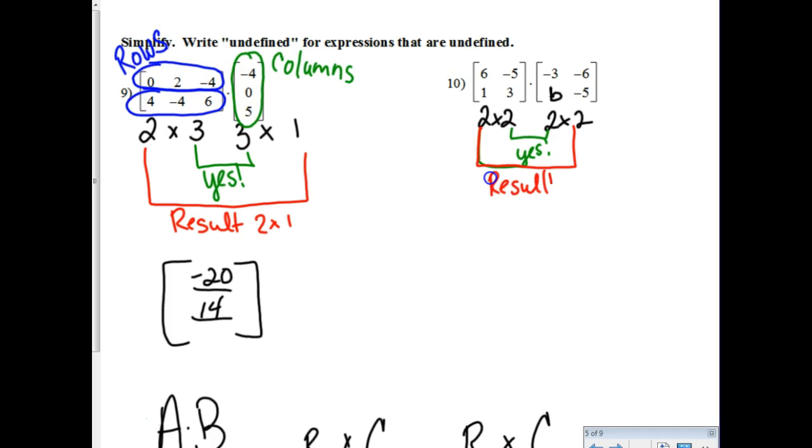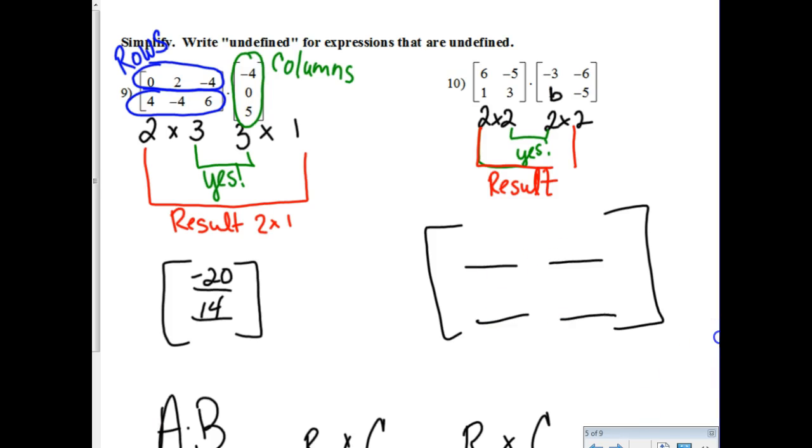So what I need you to do is write a skeleton of a 2 by 2, but I need you to make it pretty big. It's going to have some algebra fun in it. All right.